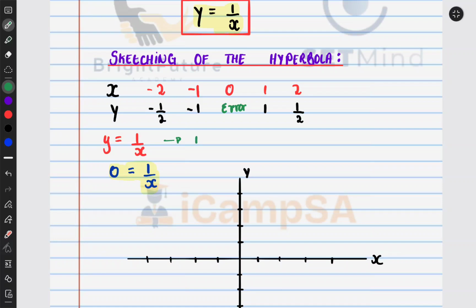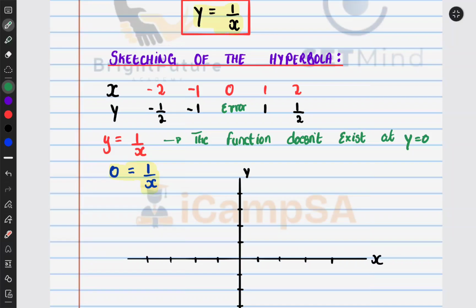The function doesn't exist at y is equal to 0 for this particular graph. So the function doesn't touch the x-axis. So we don't have an x-intercept.